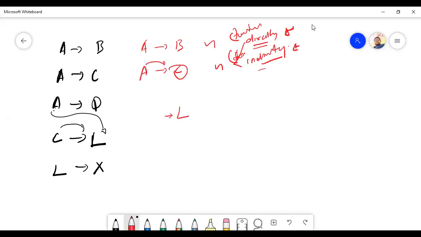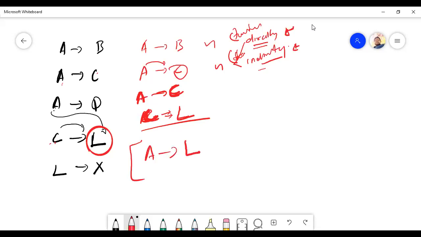If I take L to A, L is depending on C, C is depending on A. C is directly depending on A, L is directly depending on C. But A, L is functionally depending, that's fine; direct, no; indirect, yes. Got the point now?